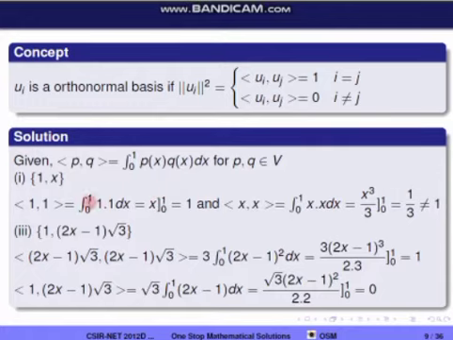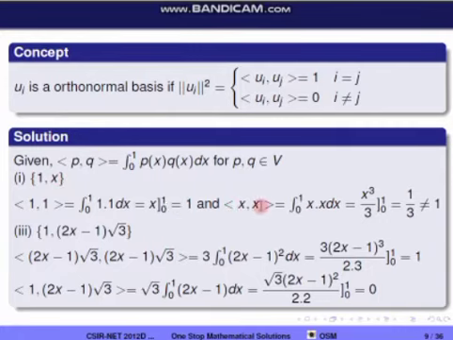We'll check that. First option: 1 comma x. I'm taking the inner product with the same element. Inner product of 1 and 1 is equal to the integral from 0 to 1 of 1 dx, which is x within the limits 0 to 1, equal to 1. So for the vector 1 we are getting the inner product equal to 1. For vector x we'll check.